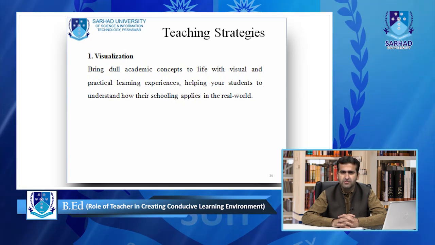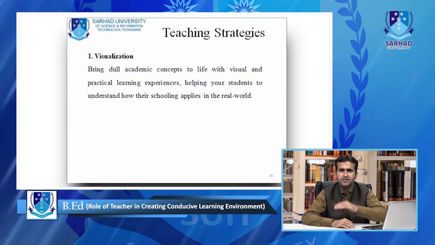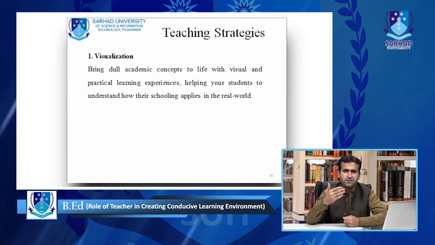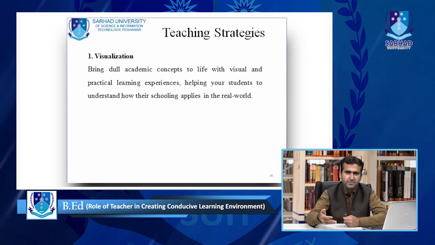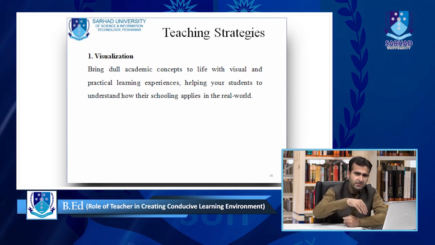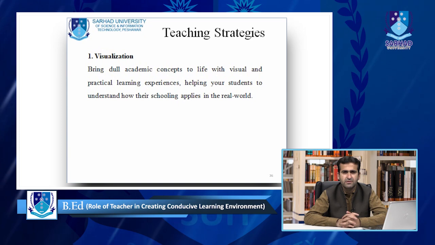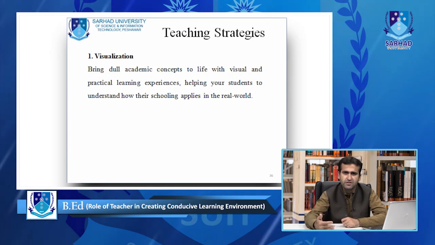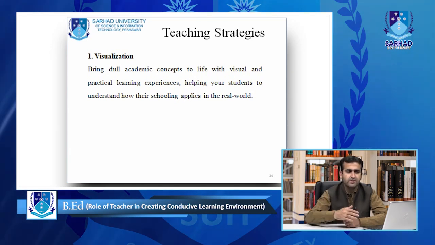Why? Because the teacher is always measuring the learning ability of the student, and the student always needs to respond based on the expertise of the teachers. Whatever the teacher says, the student needs to accept it, and the student needs to work accordingly.